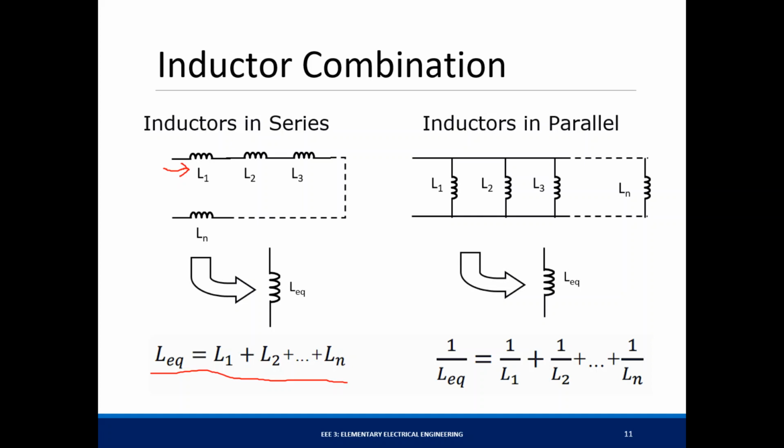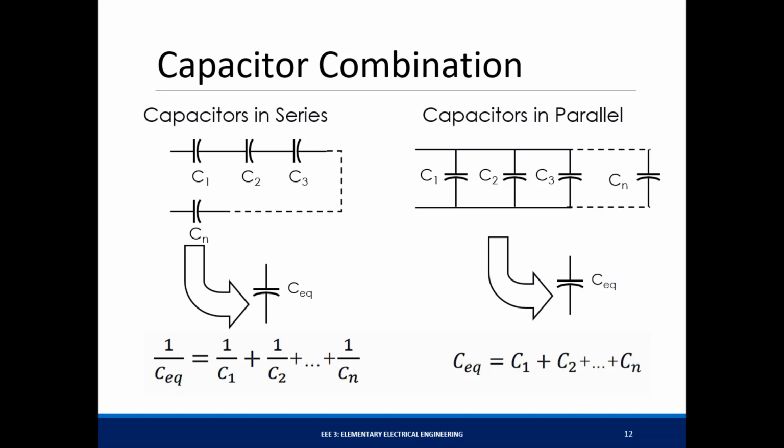For inductors in parallel, just think of them as resistors. So the reciprocal of the equivalent inductance is equal to the sum of the reciprocals of the individual inductances in parallel. For a capacitor, it's a different story. Capacitors in series, you need to, quote unquote, do a parallel operation to them.